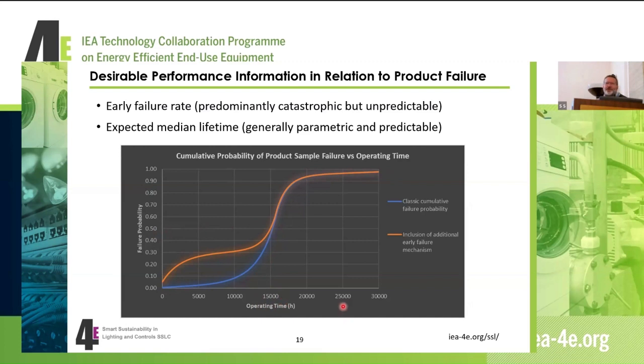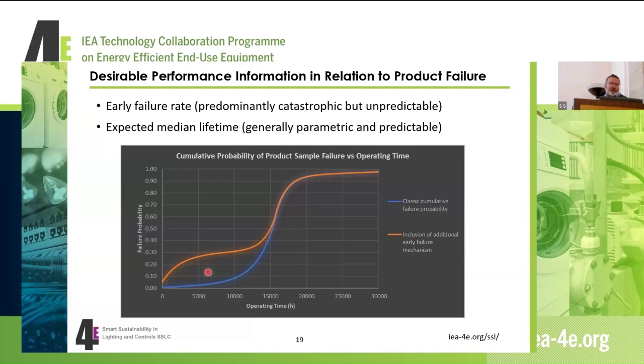So that's okay. What we don't want to see with a product in particular is some early failures. If we have a significant number of early failures, that is what's going to be most noted by consumers when we talk about consumer-based products. So you go buy a product, and within the first month or 2 months, that product fails. You remember that you only bought that a month ago.